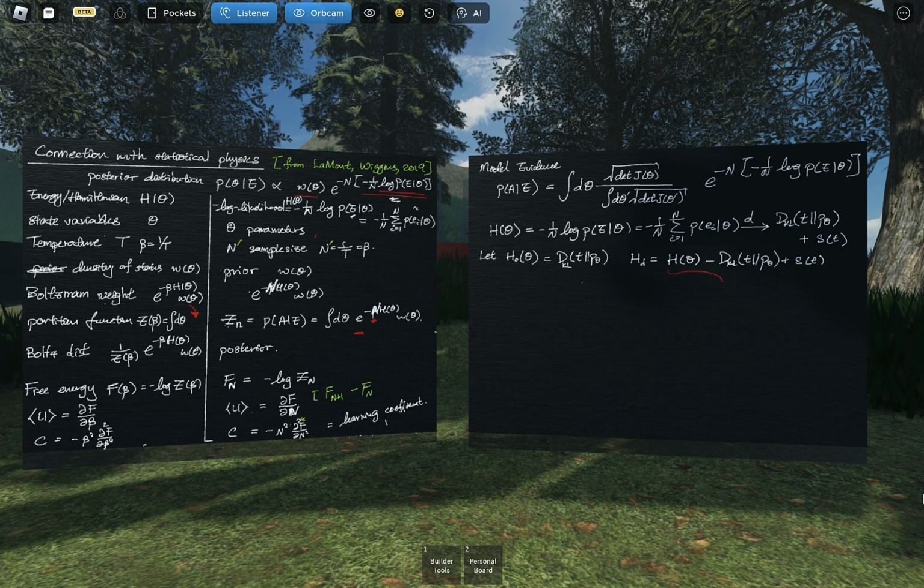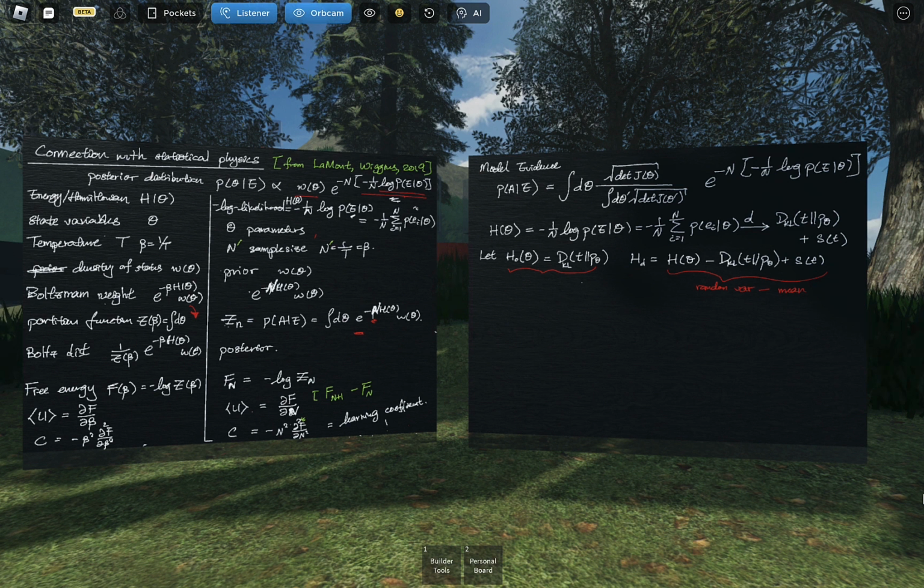Notice that this has the form of a random variable minus the mean of that same random variable, which means that as you collect more and more data, the first term doesn't depend on E, capital E, and doesn't depend on N. The second term is something that should go to 0.